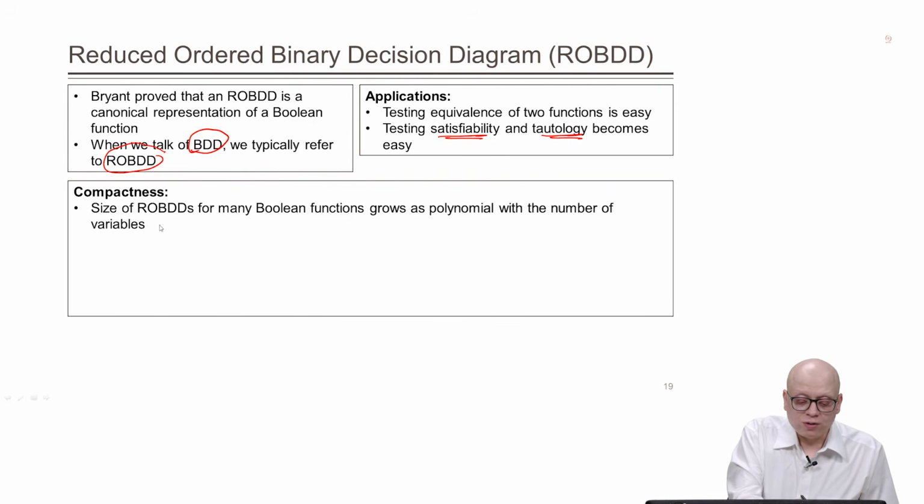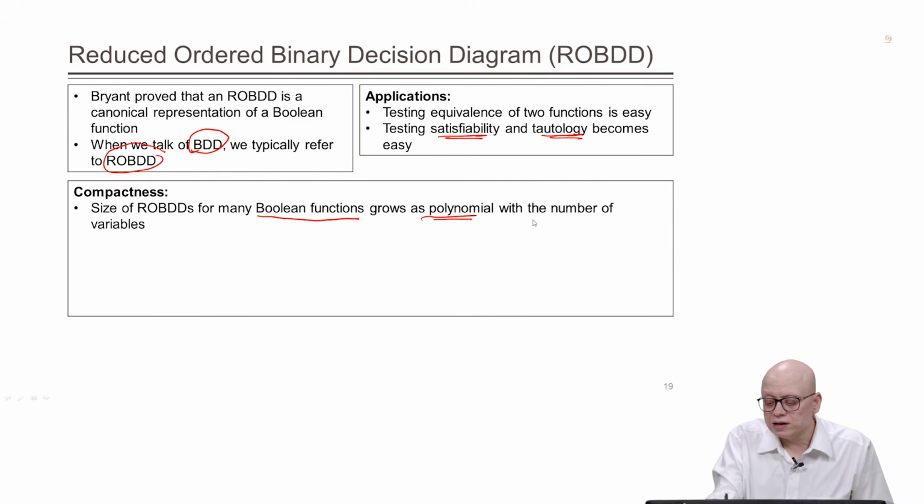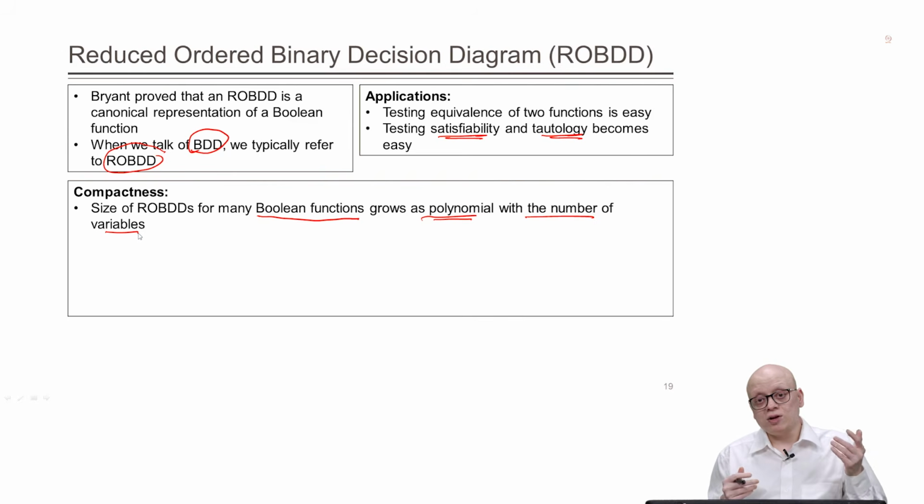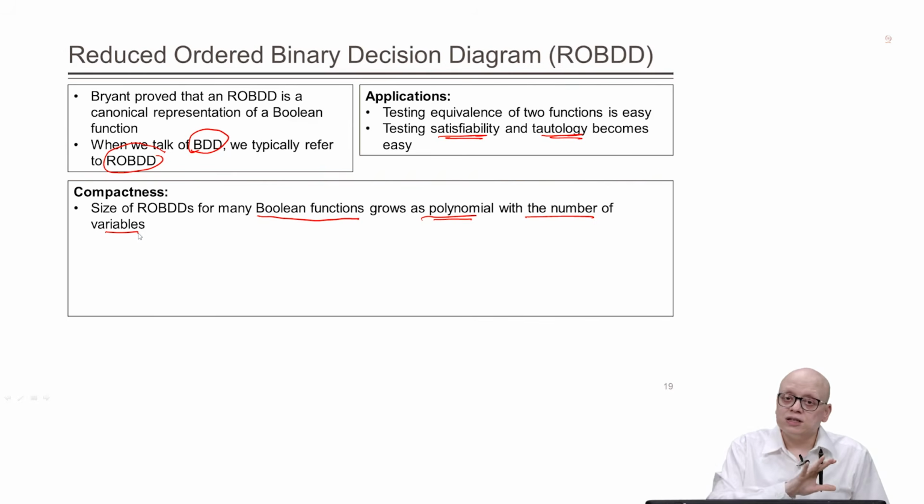The size of a BDD or ROBDD for many Boolean functions grows as a polynomial with the number of variables, and that is the beauty of ROBDD, right. It is canonical, and for many useful functions the representation grows linearly or at a slower rate with the number of variables.